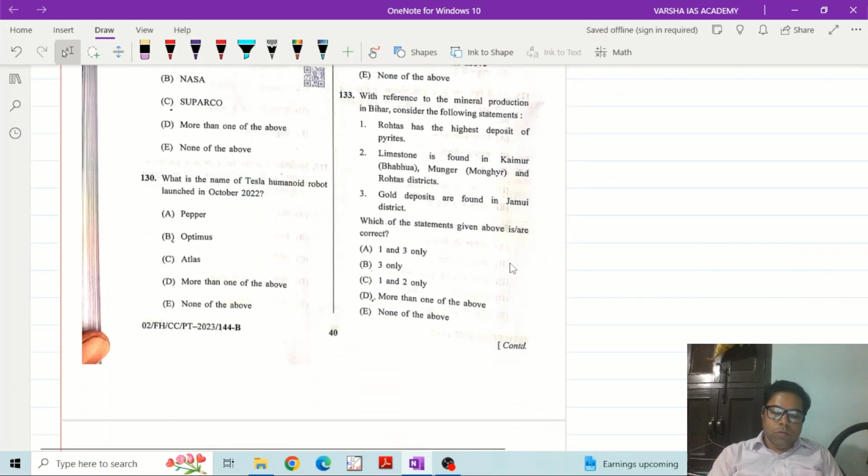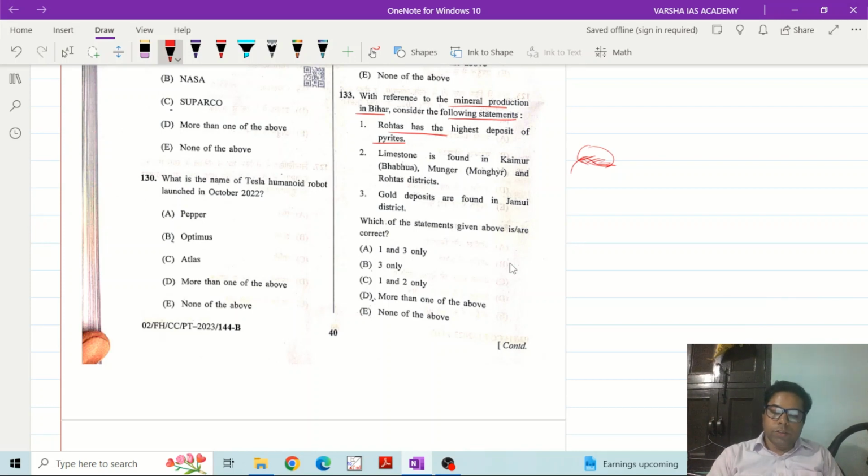Question number 133. With reference to mineral production in Bihar, consider the following statements. Rohtas has the highest deposits of pyrites. This is absolutely correct. The Rohtas region is adjacent to the Chota Nagpur Plateau, or Jharkhand area.